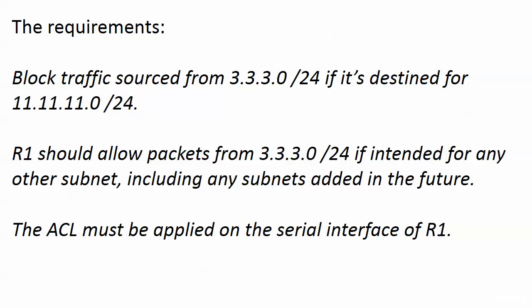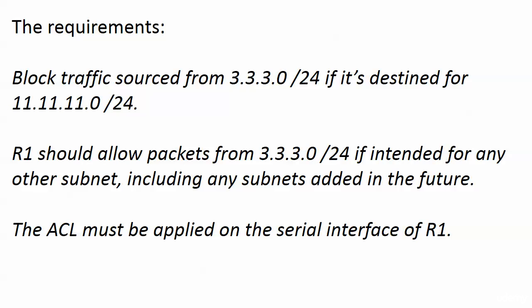And here they are. First off, we want to block traffic sourced from 3.3.3.0/24 if it's destined for the all 11's subnet. Now, router 1 should allow packets from 3.3.3.0 if they're intended for any other subnet, including subnets we might add in the future.